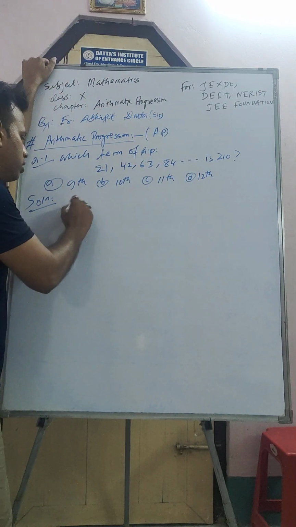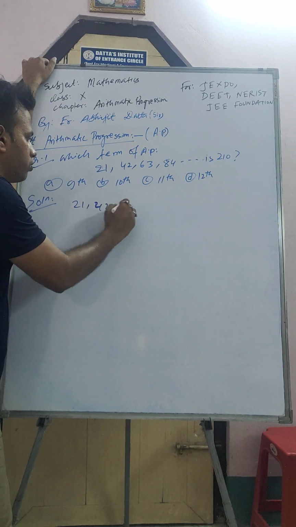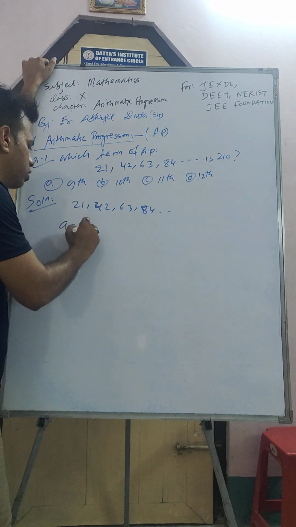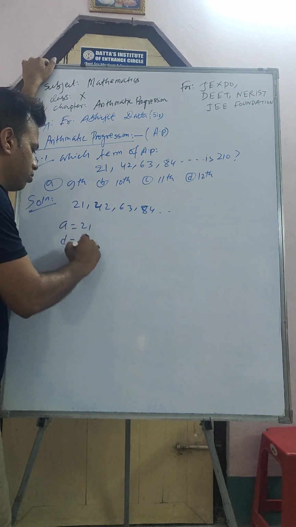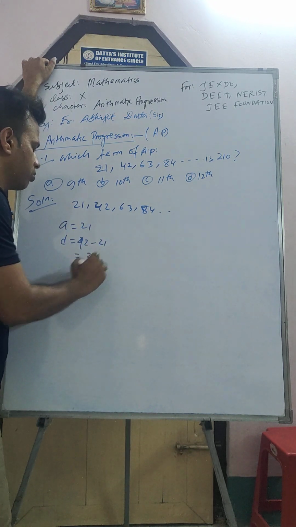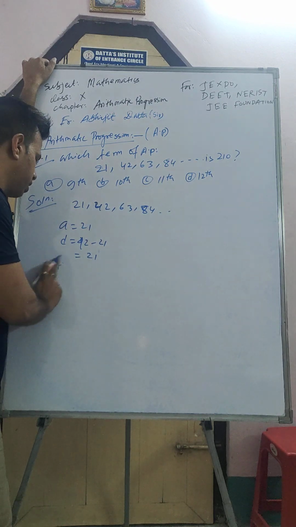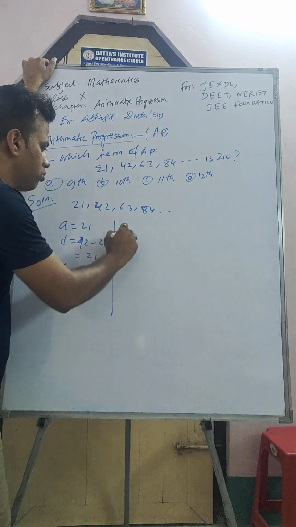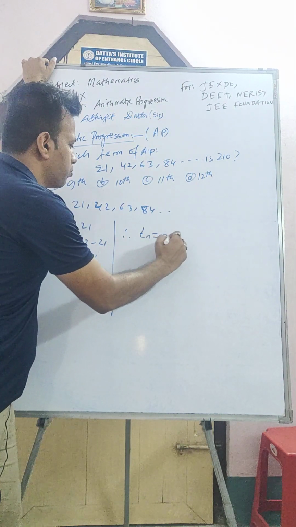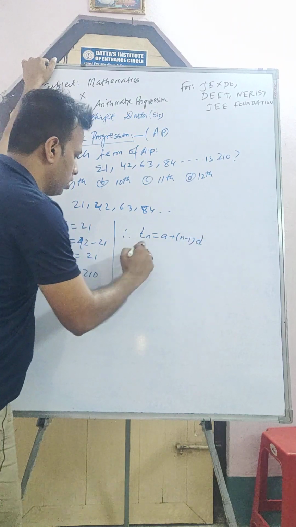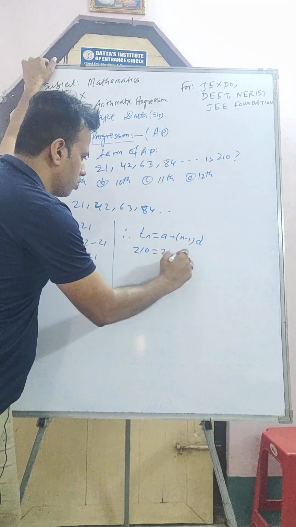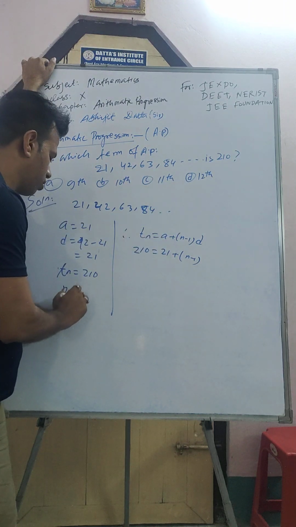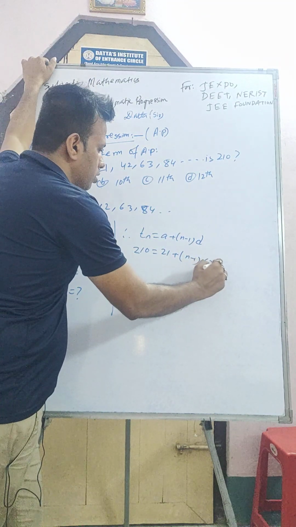Here the AP is 21, 42, 63, 84. The first term is 21, the common difference is 42 minus 21, which is 21, and Tn is 210. Now we have the formula Tn equals A plus n minus 1 into D. Tn is 210, A is 21, D is 21, and we have to find n.